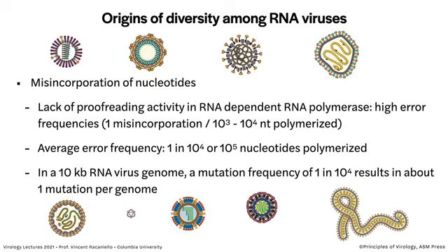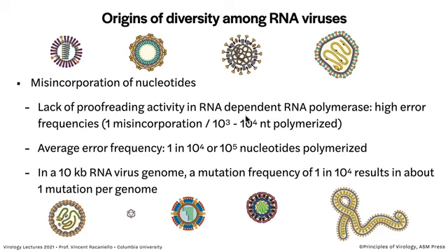There are two main origins of diversity among RNA viruses. First, misincorporation of nucleotides. All polymerases, all four classes of polymerase that we talked about earlier, they all make mistakes. The nucleotides go in, and only the right one is supposed to base pair, but sometimes the wrong one base pairs, and you get an error.